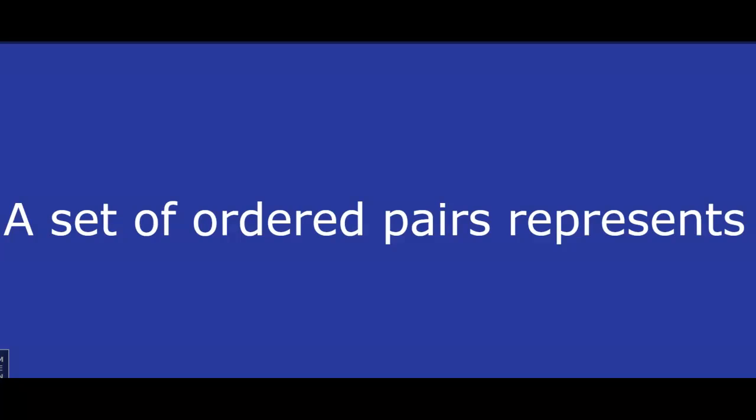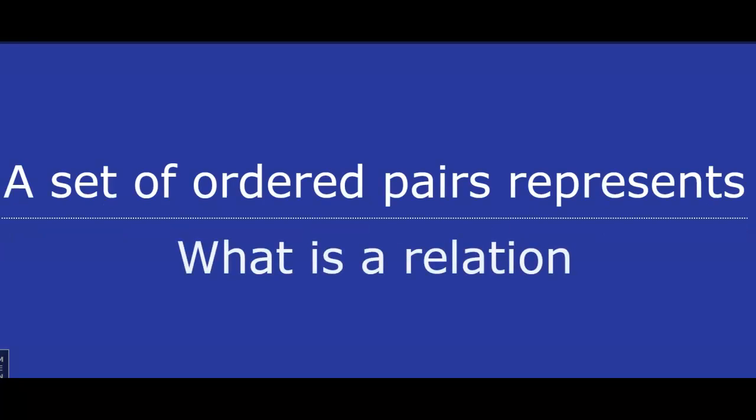A relation. A set of ordered pairs represents a relation. Think about being paired off. That puts you in a relationship with someone. If you're a pair, you're in a relationship. That is a relation.